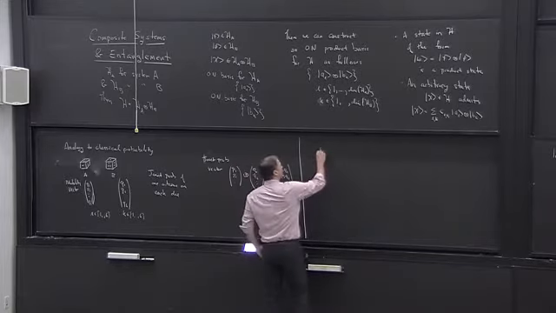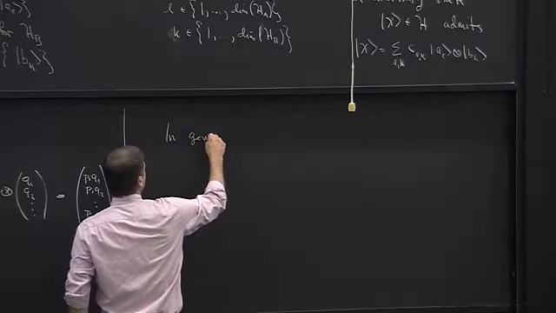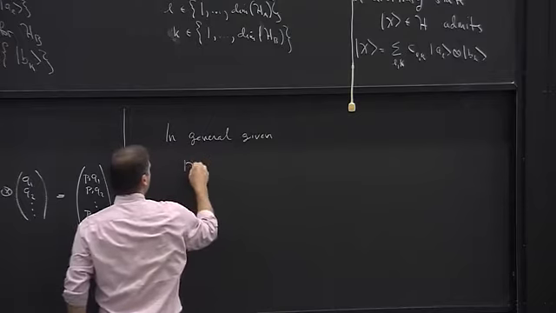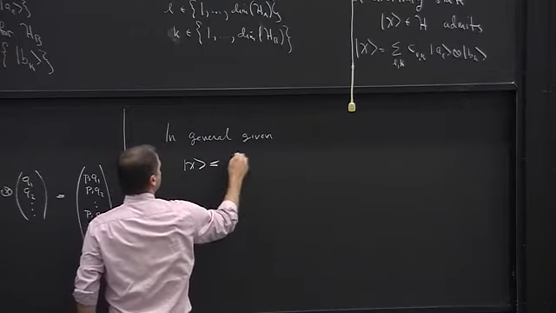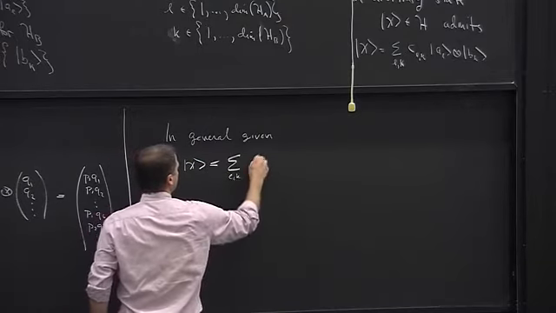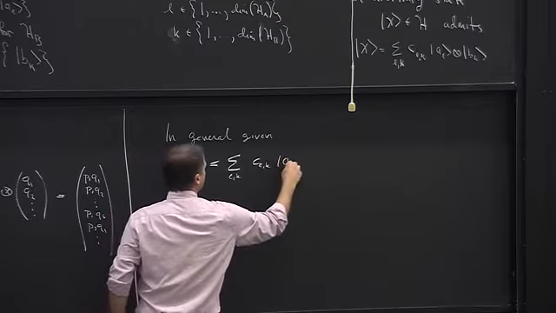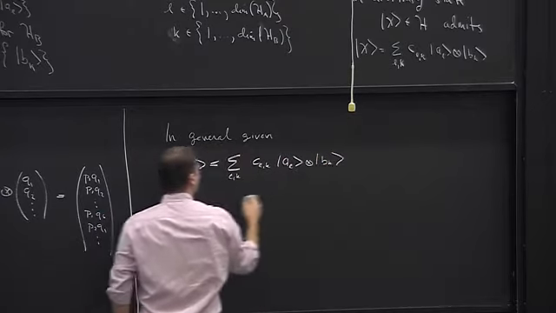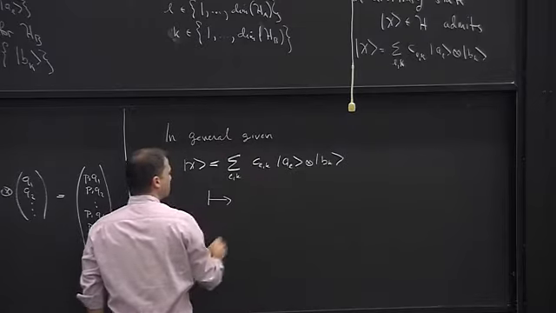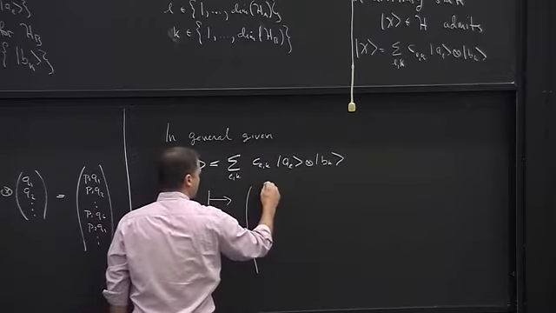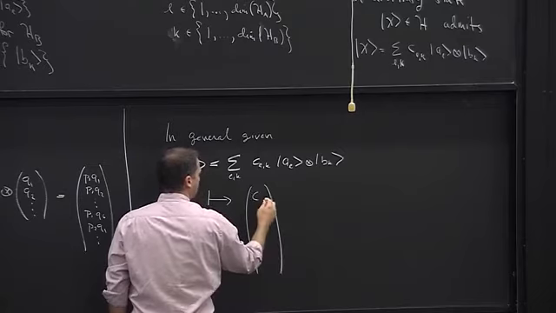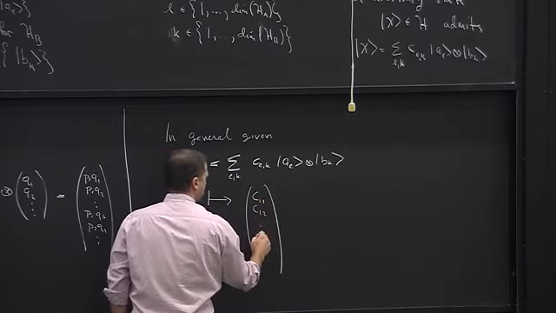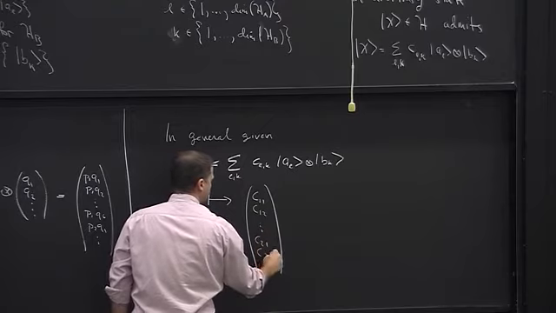In general, given some chi equal to the sum over L, K of C_LK, A_L tensor B_K, the representation is just C11, C12, and so on, C21, C22.